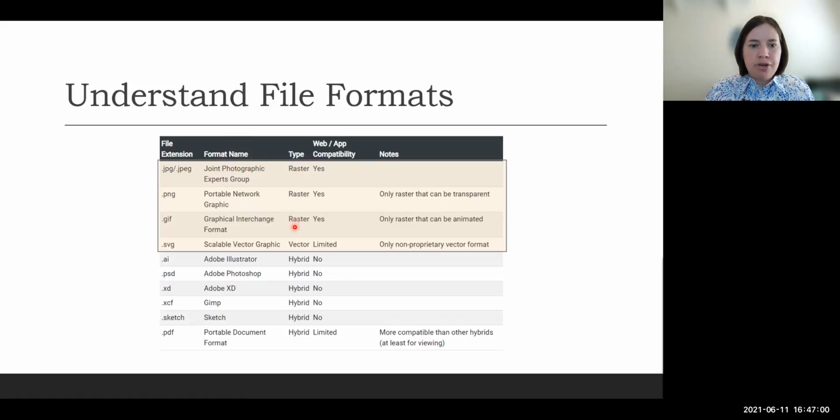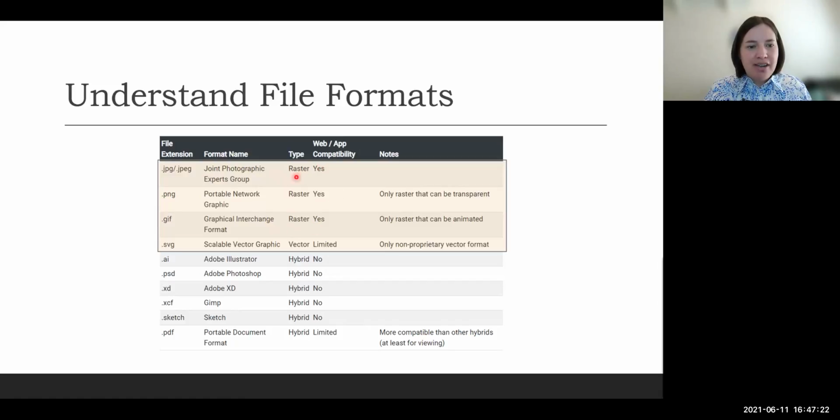So these first three, they are raster images. And what that means is that the file is made up of a whole bunch of different pixels, and each pixel being a different color. What that means is that if you try to expand it too much, you're spreading out the pixels, and that's when it looks pixelated or blurry.